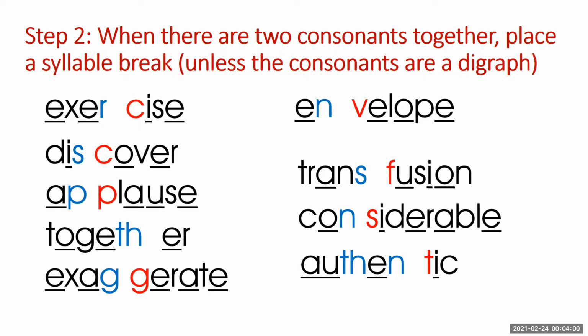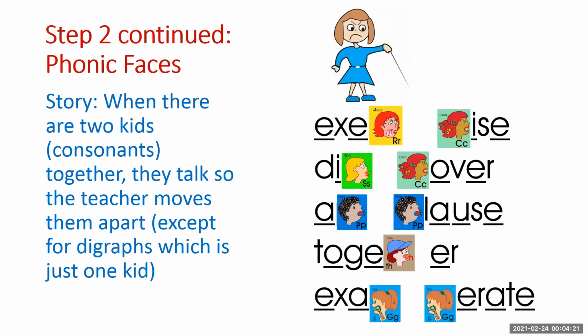We've identified the vowels and we've broken our words into syllables based on the syllable break rule. When two consonants are together, you break the word into syllables between the two consonants unless it's a digraph. Okay, next.